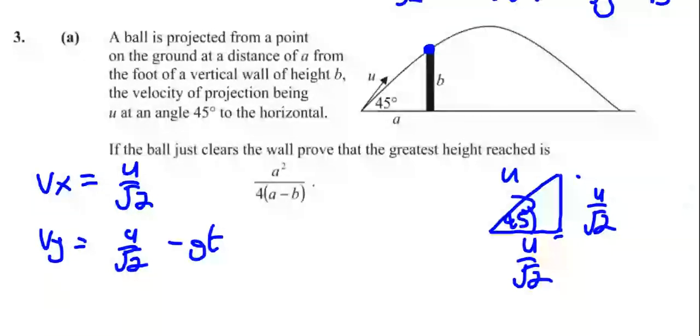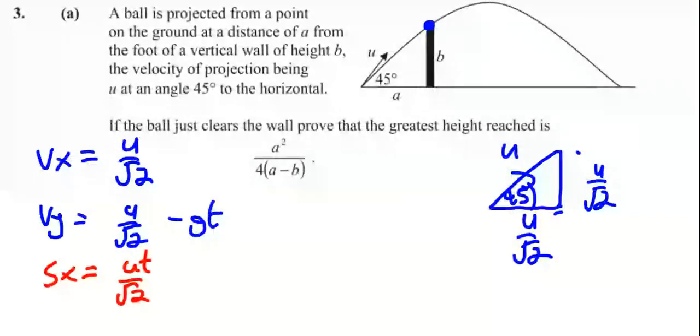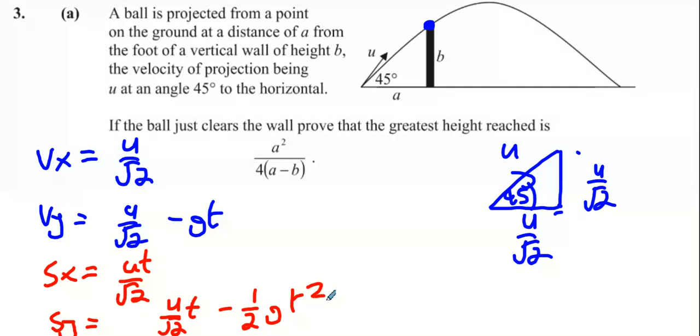Now what about sx? Yeah, ut over root 2, your speed multiplied by your time. And now your sy? u over root 2 t minus half gt squared.